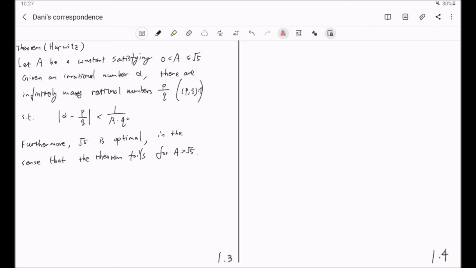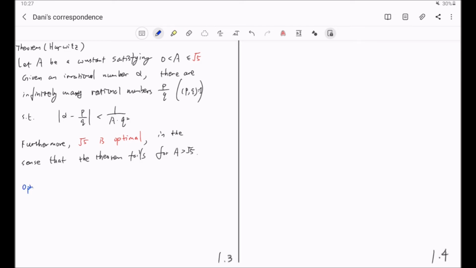Hurwitz theorem says, for any irrational number alpha, there are infinitely many rational numbers p over q, such that the absolute value of alpha minus p over q is bounded by 1 over square root of 5 times q squared. And this square root of 5 is actually optimal. So what do I mean by saying that square root of 5 is optimal?